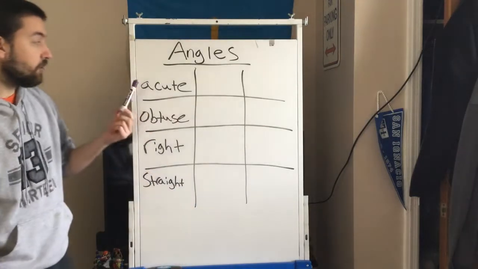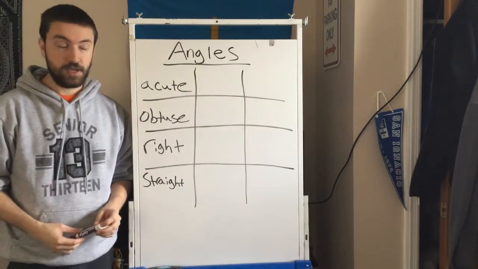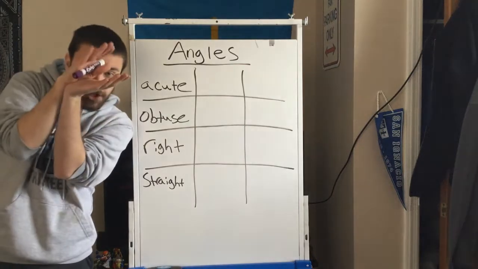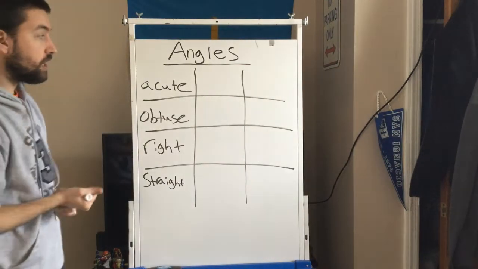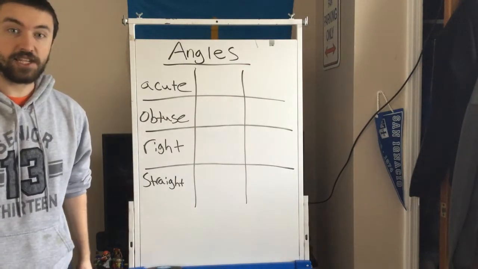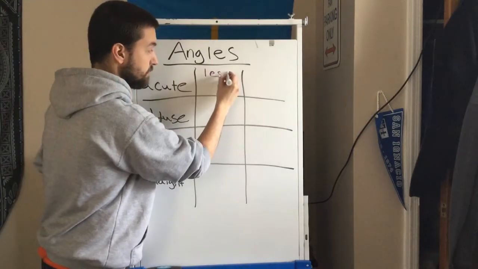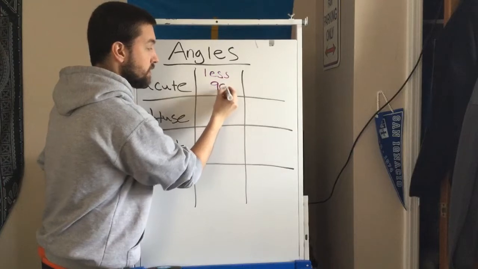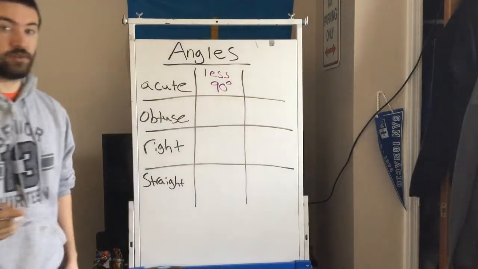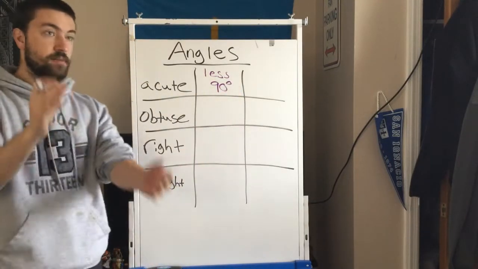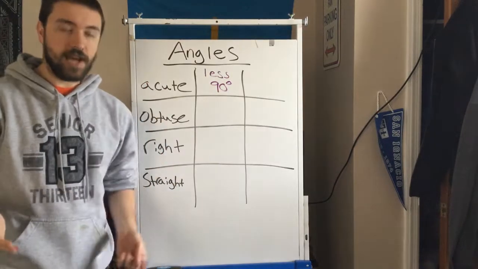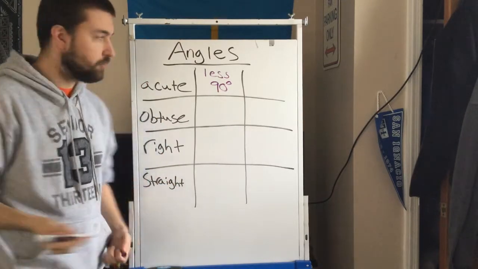Our first angle is an acute angle. These angles are small angles. These angles are less than 90 degrees. Now, that means that these angles kind of look like our greater than and less than symbols.